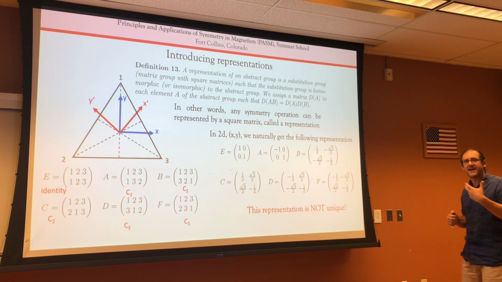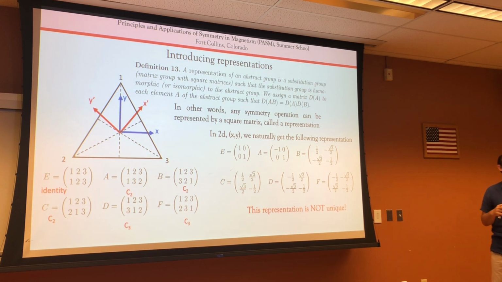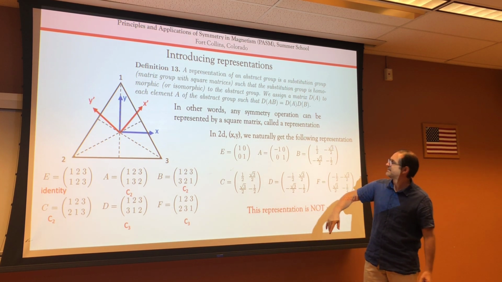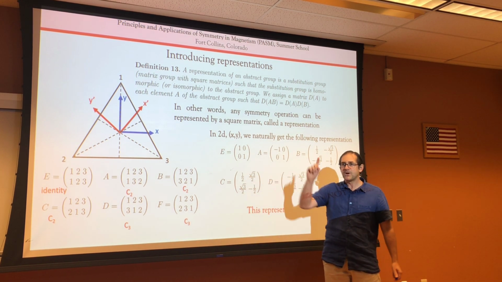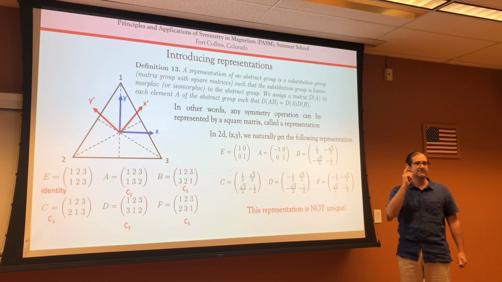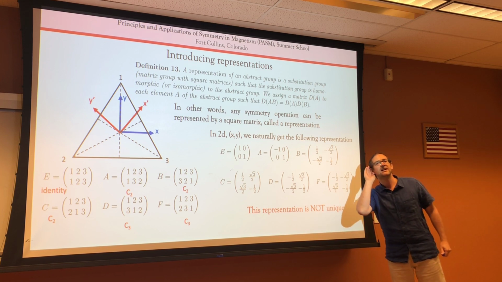Choosing a representation would be completely arbitrary. It's up to you, and that is not good if you want to make a general theory. But the good thing is, and we're going to see this in a minute, there is one thing that is unique to all those representations, which is, sorry?